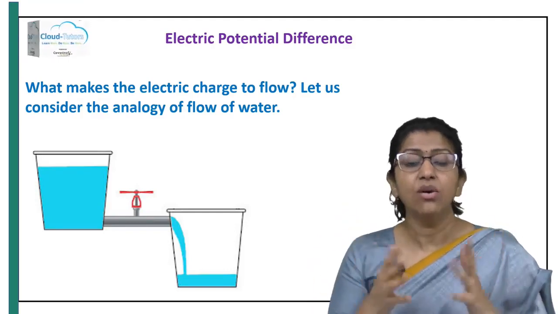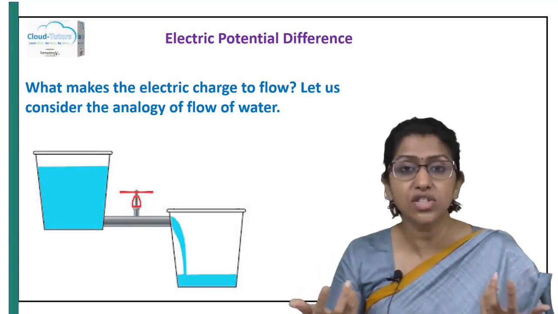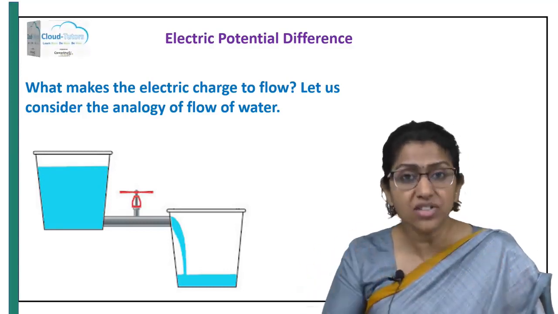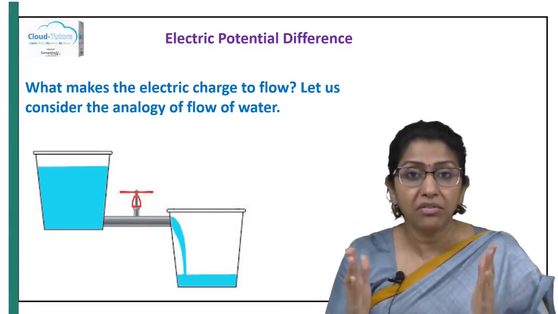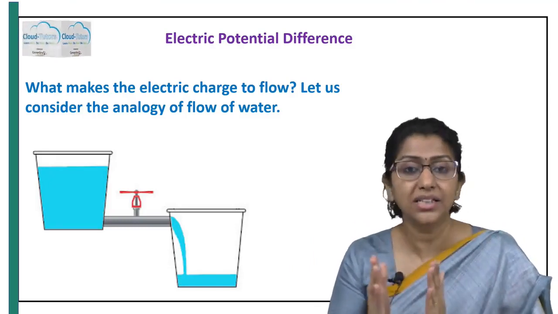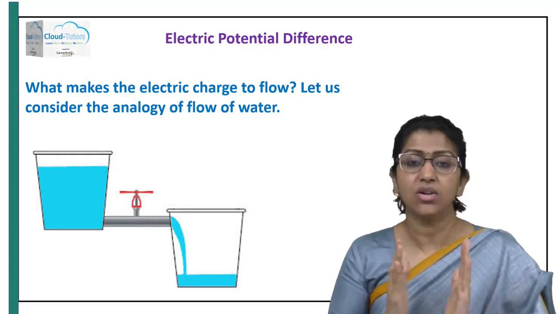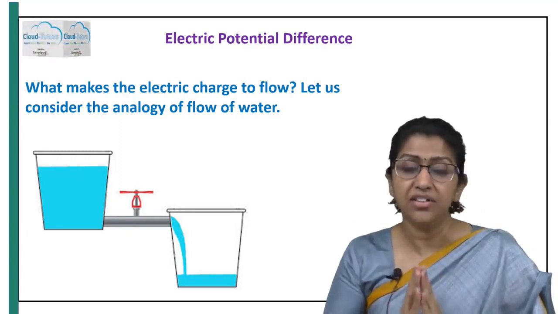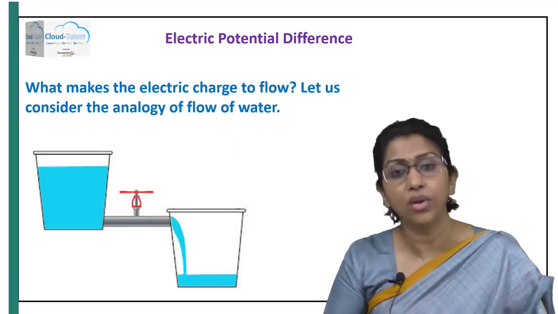All right. How is this important? Because we have to get the charges moving in order to constitute an electric current, we need this work to be done. This work done on a unit positive charge to move from one point to another in a given electric circuit or conductor is called electric potential difference. In layman terms, we call it voltage.